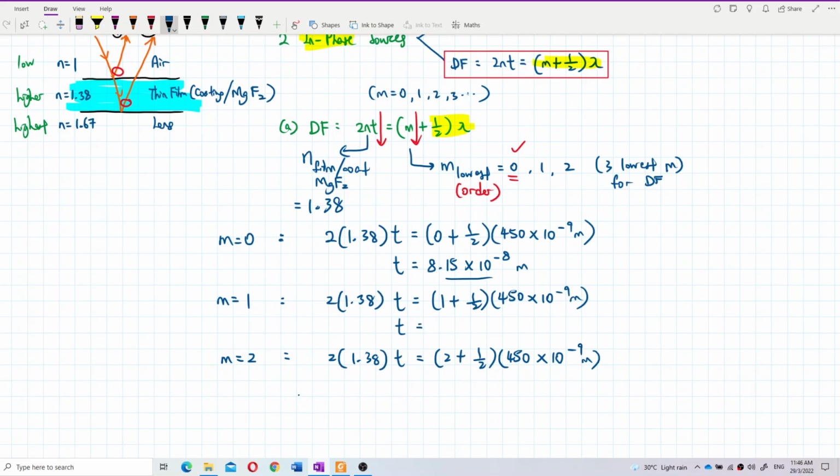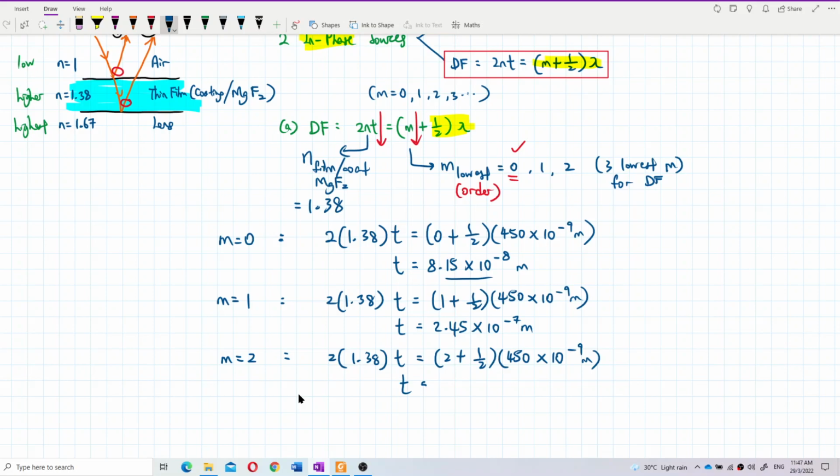So 450 exponent -9 multiplied by 1 plus half, and then divide by 2 times 1.38. So the answer is 2.45 exponent -7 meter. That's the thickness. And then the next one is put in order 2.